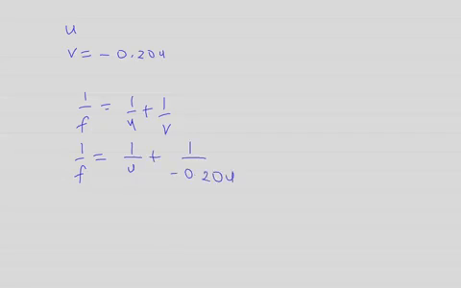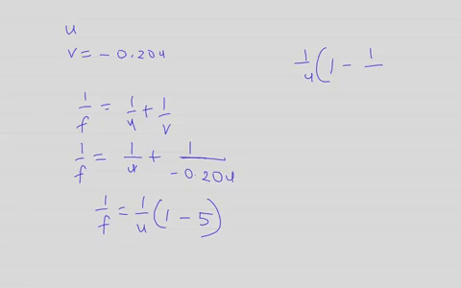Factorizing 1 over u, we have 1 minus 1 over 0.20, that's 1 over 5.